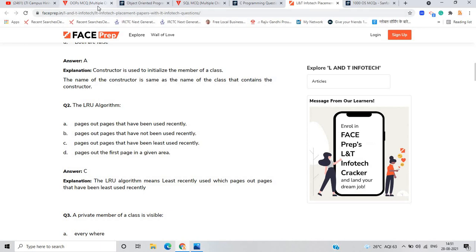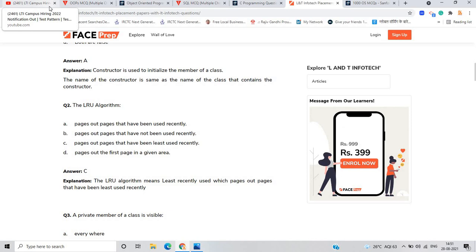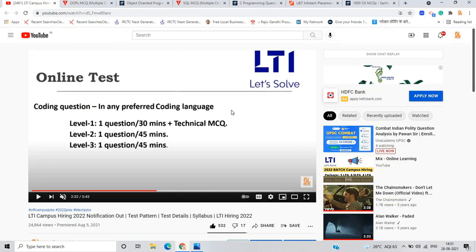Coding questions are not on just one website, because you can do the coding question in any preferred coding language, but in the coding section the logic is very important for all of you. So these are some level 1 preparation tips for all of you.